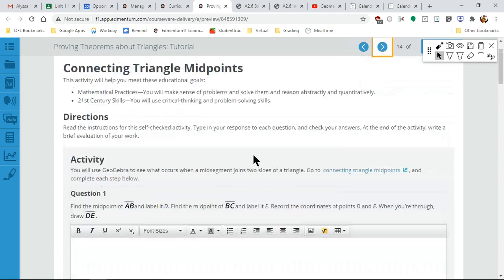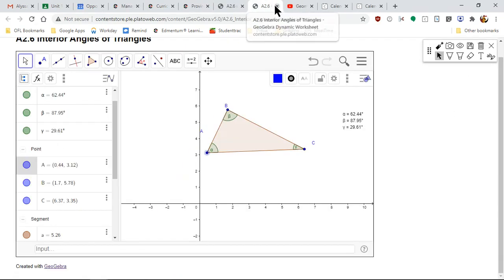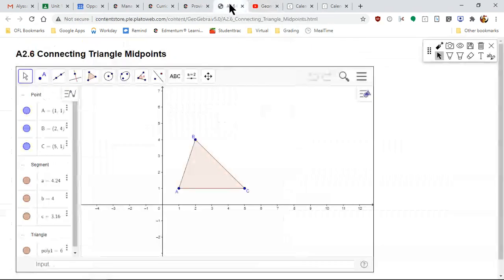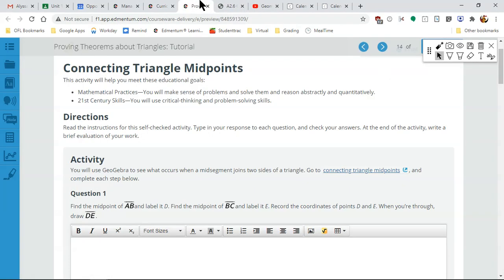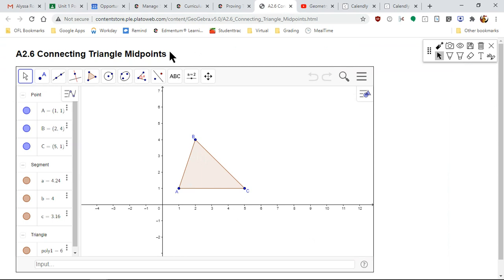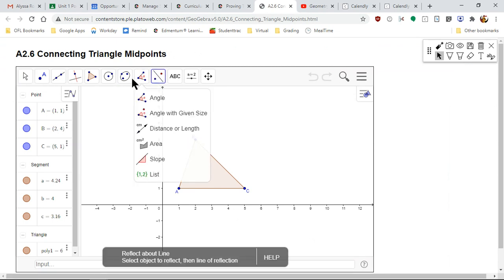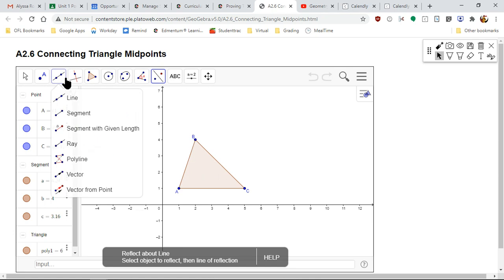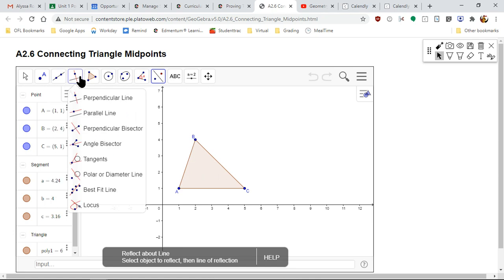All right. So let's get into this. Let me close some of these GeoGebras out. The midpoint of AB, label it D. So we're going to find the midpoint. We can find the midpoint by using, I believe it's this one. No, it's one of these gives us the midpoint.